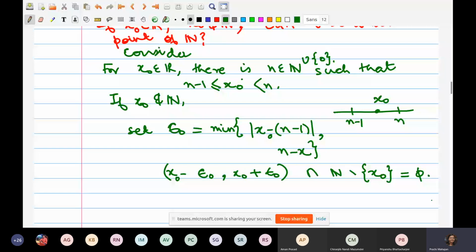I would actually like all of you to spend some time on this. Please think about this. I think this is one of the assignment problems, which we discussed here. Any questions on this?